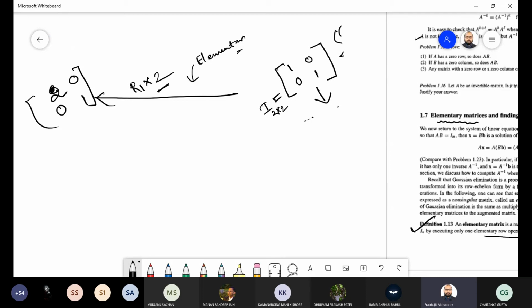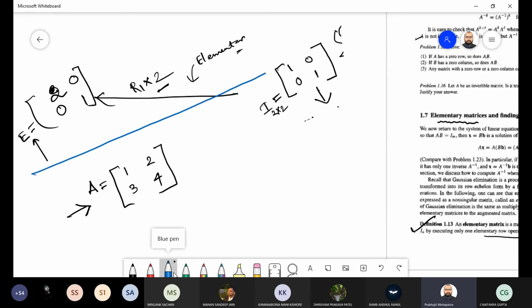Now you see, call this elementary matrix E. We are having some other matrix, for example 1 2 3 4, matrix A. If we want to do any operation on this matrix, the same thing can be done using the matrix E. If you need to multiply row 1 of matrix A by 2, what we used to write is R1 as R1 into 2.